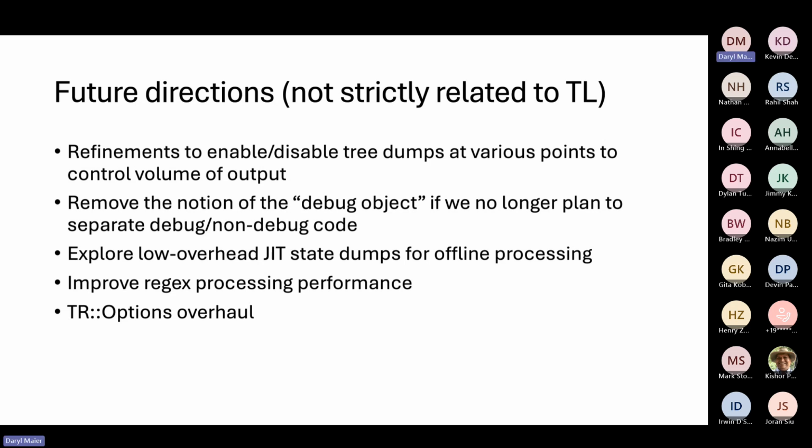I've talked about the debug object. If you've never looked at the code before, you'll see that we have apparently a very bizarre way of representing some of the tracing and logging code, in that it's hidden behind a tr_debug object.